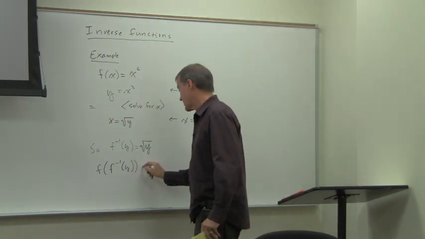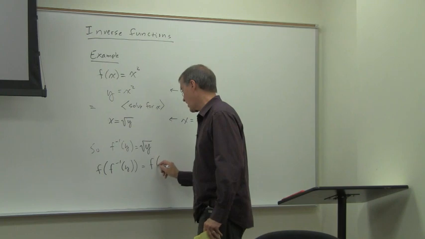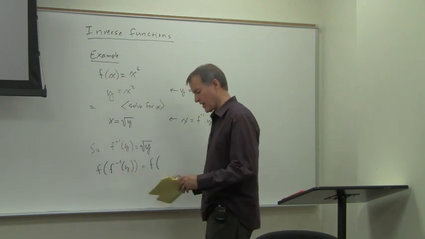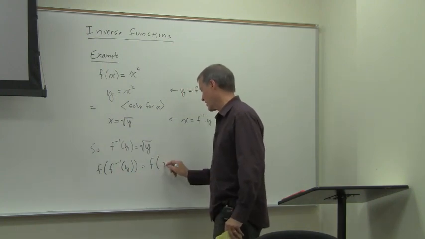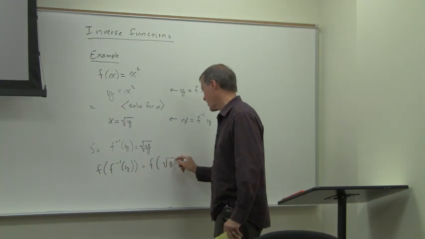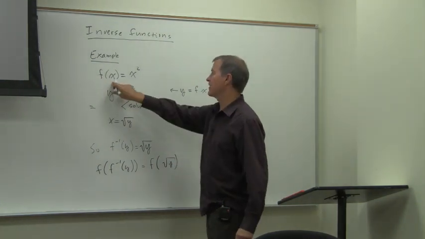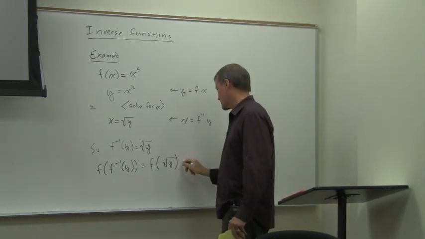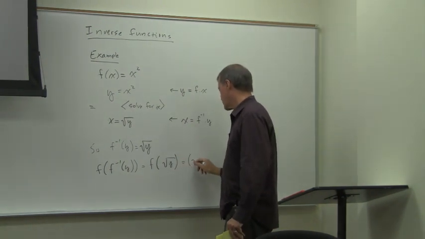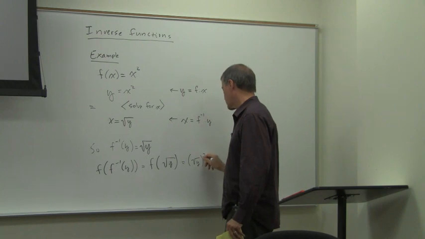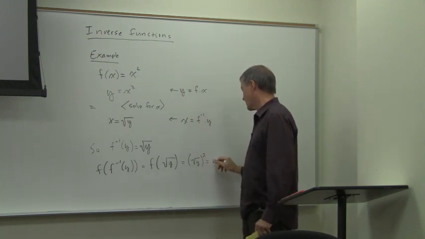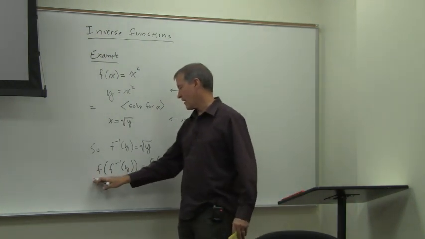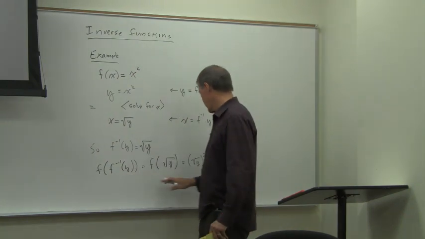What is f inverse of y? The square root of y. So this is f of the square root of y, right? But what is f of anything? That thing squared. So this is the square root of y, squared. But the square root of y squared is y. So f of the f inverse of y is y.